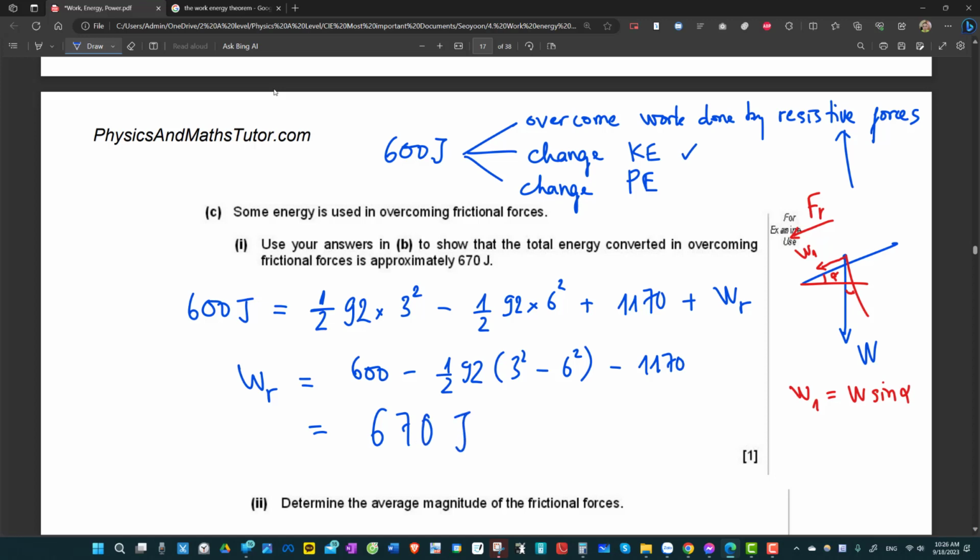So this is the work done by resistive force, meaning the total energy converted into overcoming frictional force. She does the work of 600 joules, meaning this value 600 is smaller than the work done by the resistive force W1. So she has to take the energy from somewhere else.